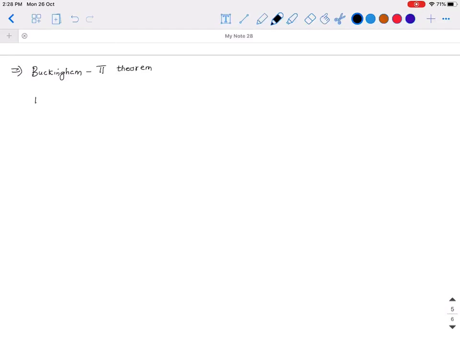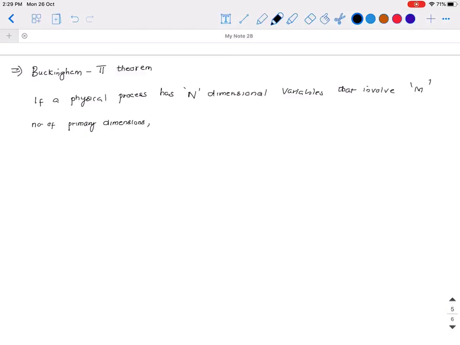It is written like this: if a physical process has n dimensional variables, and those involve m primary dimensions, then it can be rewritten as n minus m non-dimensional terms.